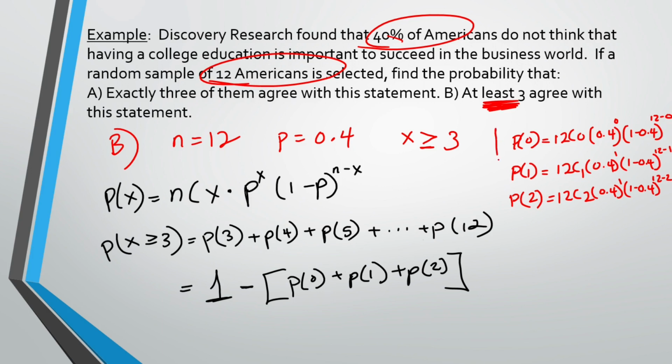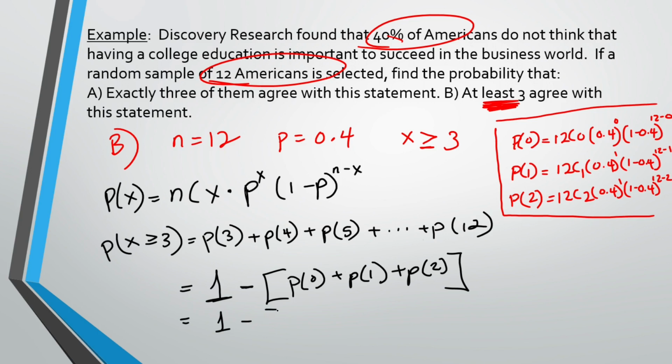Now, I would recommend you type in each one of these into a calculator. And I would recommend you do the entire thing in a calculator. When you do the second one, just go back and edit the original equation, and you will be able to calculate these other ones much faster.